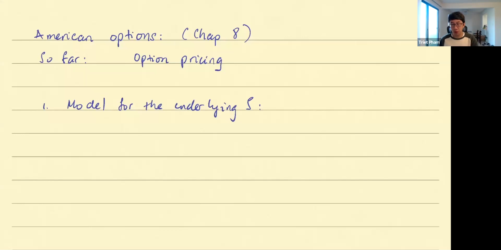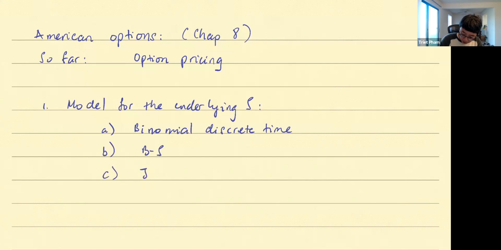So far we have 3 possible options. A is the binomial discrete time model, which we don't talk about in this class. B is the Black-Scholes model, and C is the jump model.